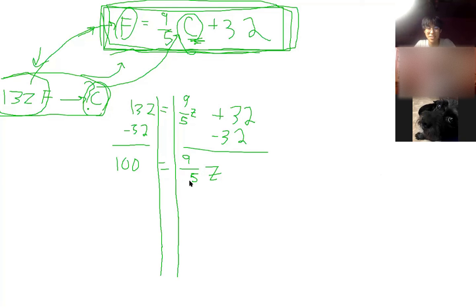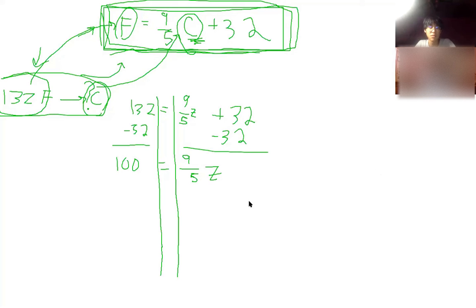9/5 here is a fraction. So if you want to get rid of that, it's basically 9 divided by 5, right? Yeah. So if you want to take this one step at a time, how do we get rid of the divided by 5 part? What's the opposite of division? Multiply.